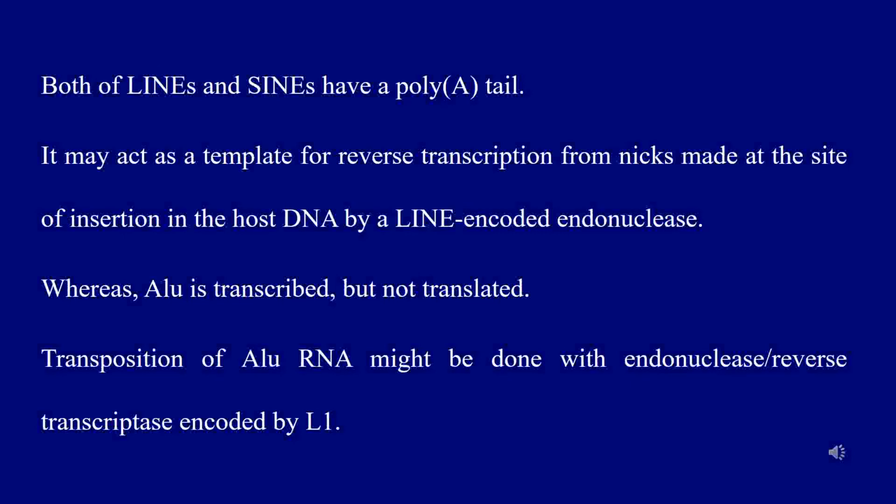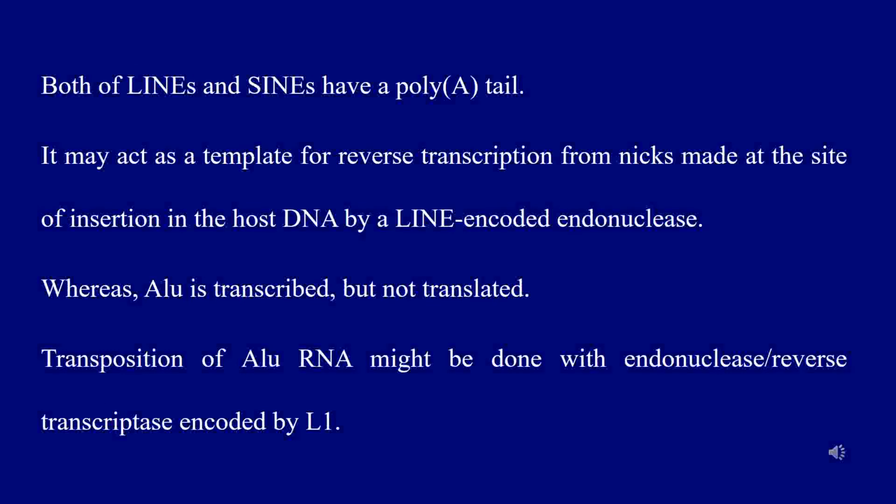These regions are supposed to act as template during reverse transcription from nicks, which nicks are made at the position of the DNA sequence where these LINEs and SINEs are to be inserted in the host DNA. This insertion is being facilitated by LINE encoded endonuclease.